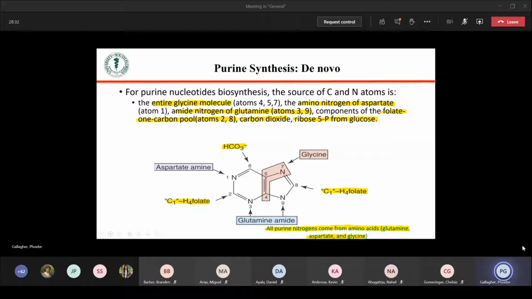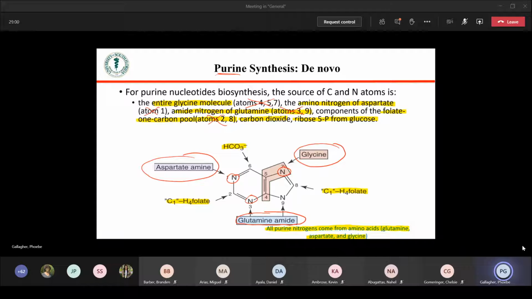Okay, so I wouldn't worry about the atom numbers. That's too much information. But I would recognize that in order to make purine de novo, you're going to need three amino acids for the nitrogens. They're going to come from aspartate, glycine, and glutamine. So memorize it, because it's going to be different for pyrimidines. There's a question in the chat.